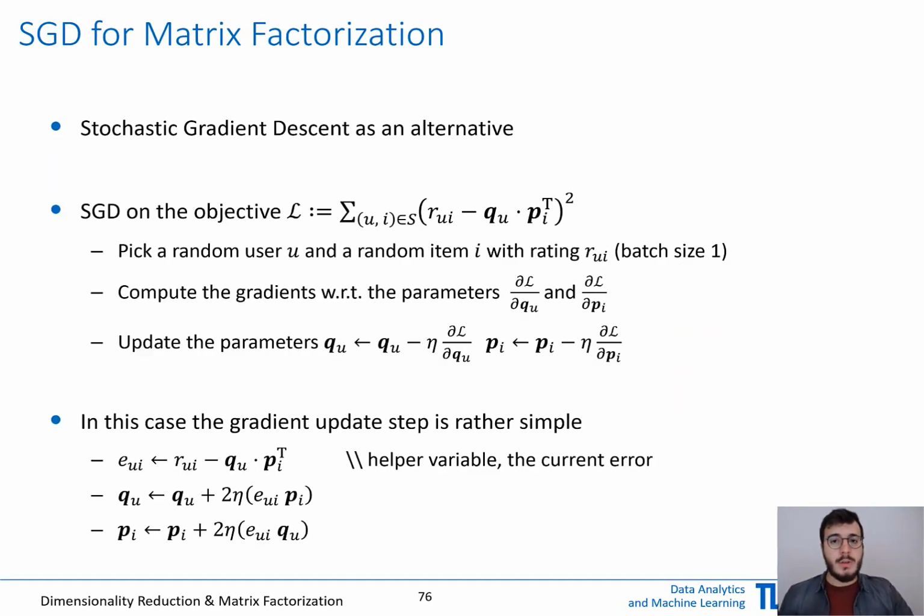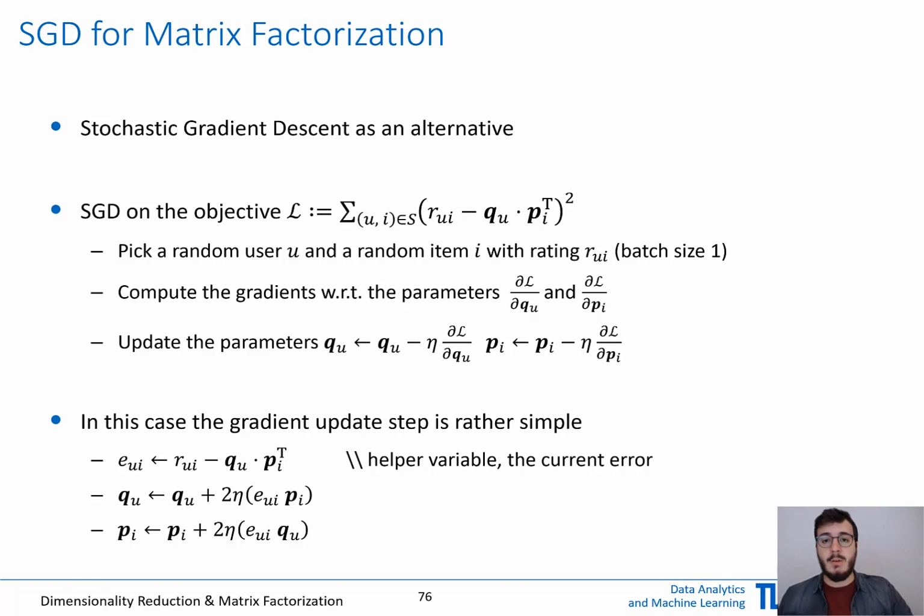This algorithm for solving the matrix factorization problem is only one option that we have. Another option is to simply do gradient descent. Depending on the data, either of these two approaches might give you better performance. So let's briefly recap how we do gradient descent. We simply define an objective function denoted with L, and in our case, the objective function is just the sum of squared errors.